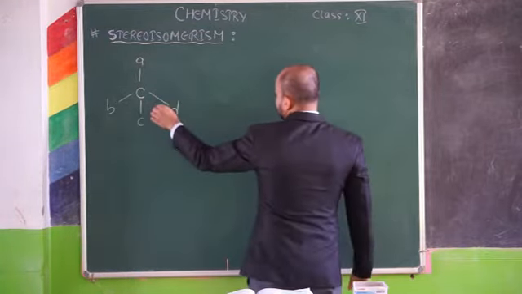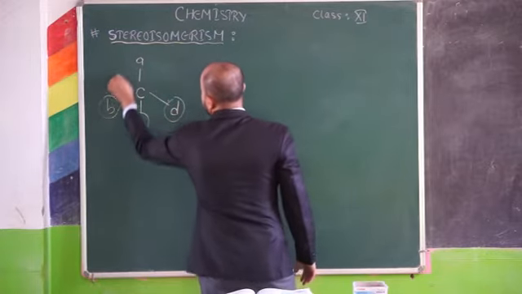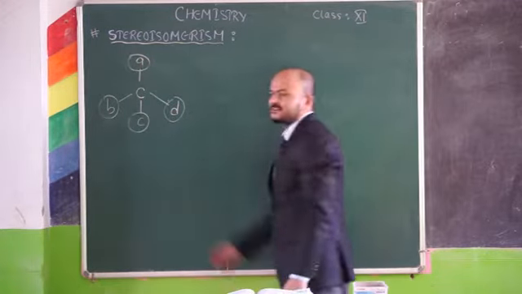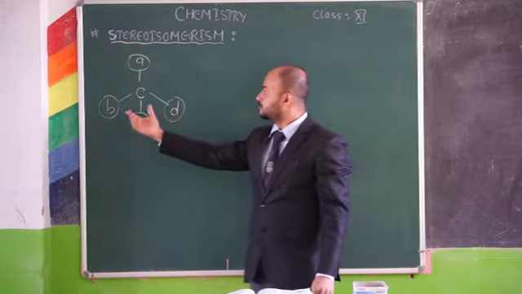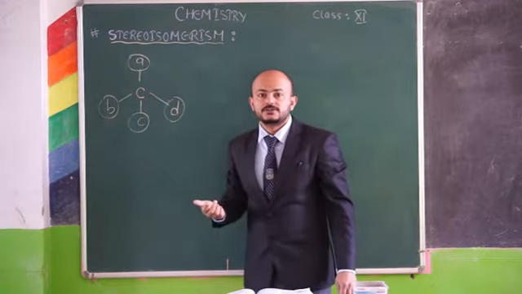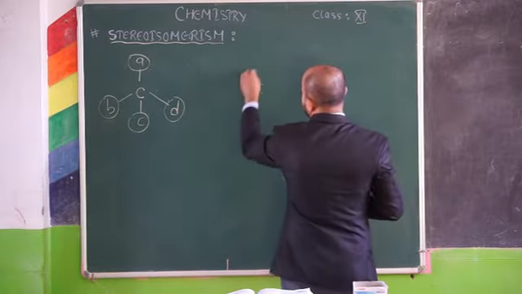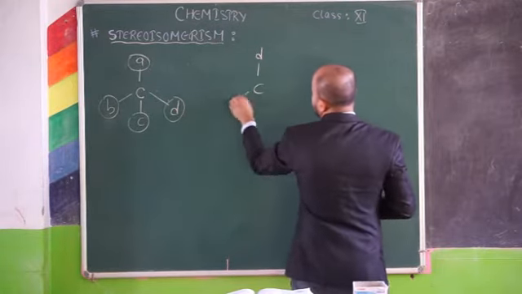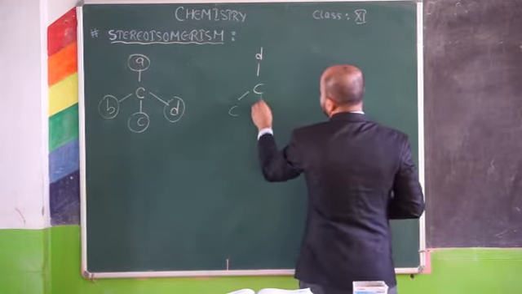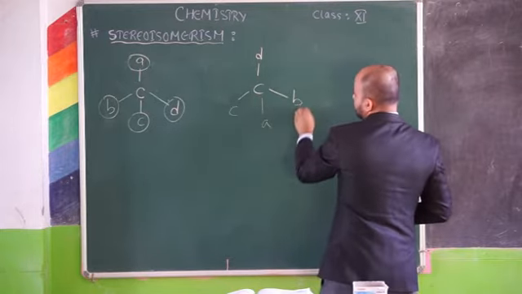Now, if these groups vary in their position in space, that will give rise to stereoisomerism. For example, instead of having A up there, you can have D here, C here, A here, and so on.